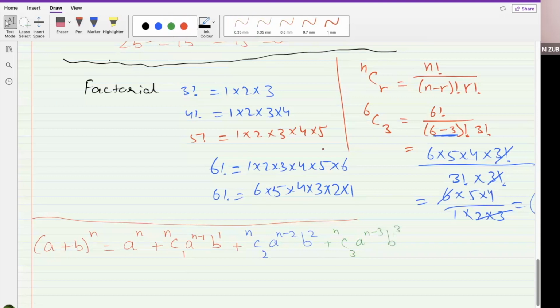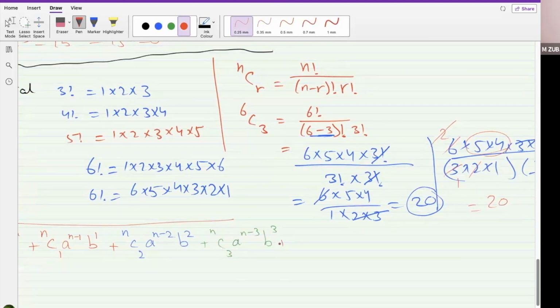In the same way, if you have NCR after some terms, you see when it was 1, it was n minus 1. When it was 2, it was n minus 2. When it is 3, n minus 3. So now A^(n minus r). And whatever it was, 1, B power 1, 2, B power 2, 3, B power 3. So again, B raised to power r. And the last term would be B raised to power n.